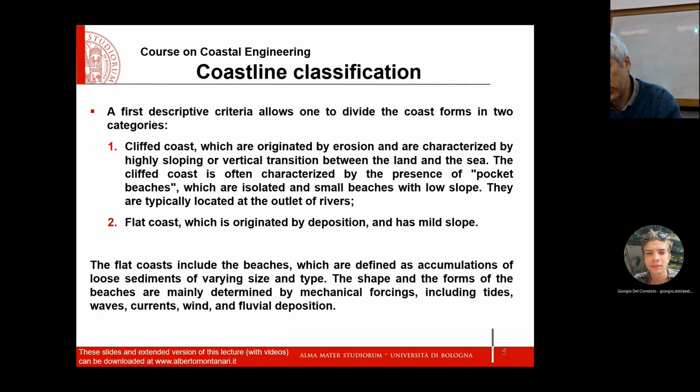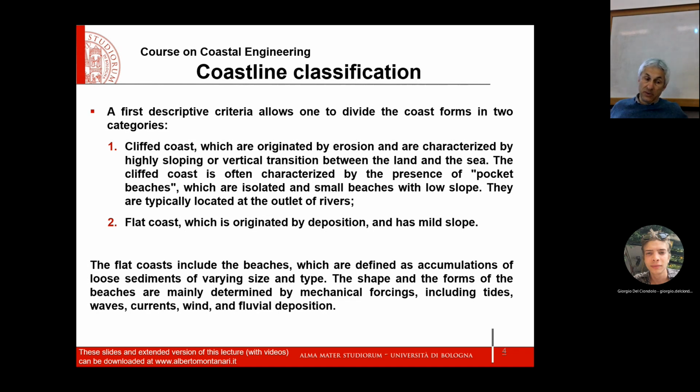So the counterpart of the cliffed coast is the flat coast. The flat coast is originated by deposition, and it has a very mild slope. Think of the coastline close to Ravenna.